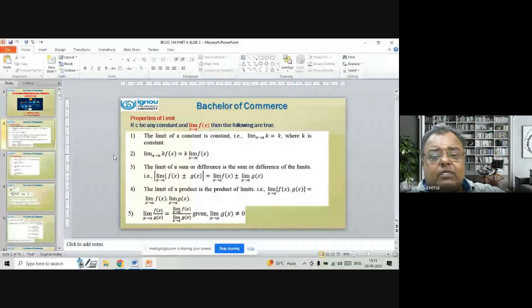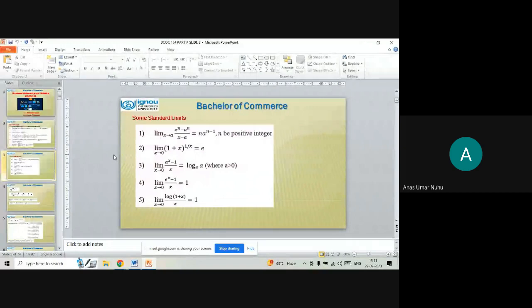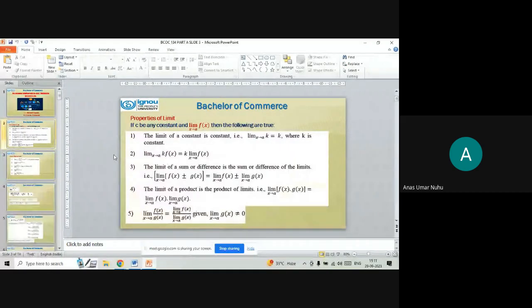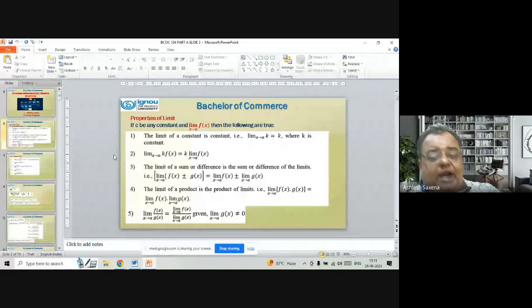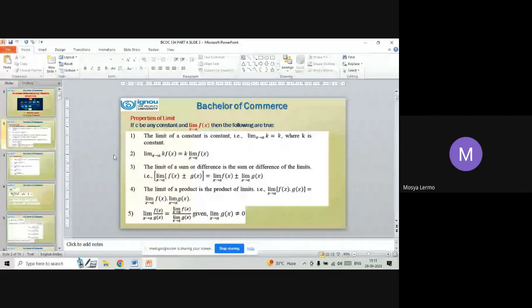The only thing I can see is you, your face and the bookshelf. You can't see the slide. Is the slide visible now? All right, now it's visible, sir.